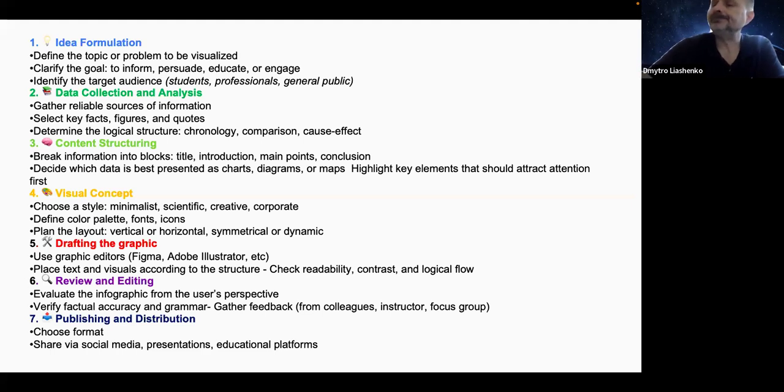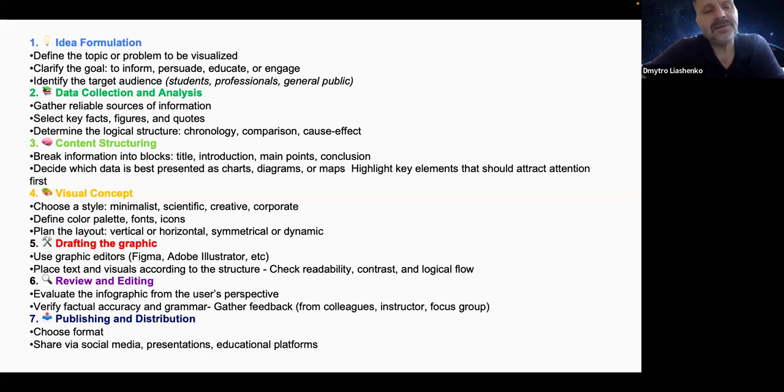While we are working with our graphical representation, we should place all the elements in appropriate places on our desktop or on our canvas, our sheet of paper. And then check readability, contrast, and logical flow.